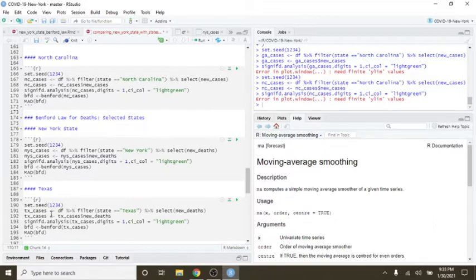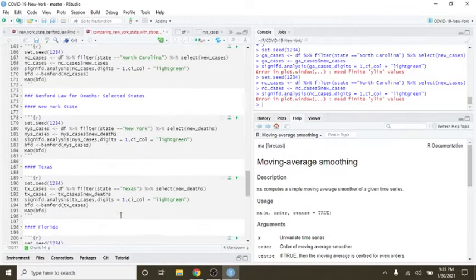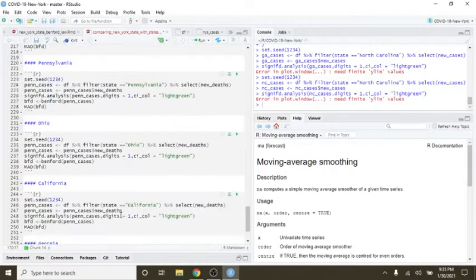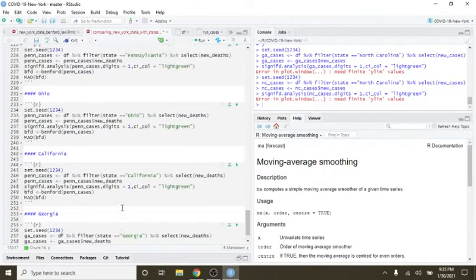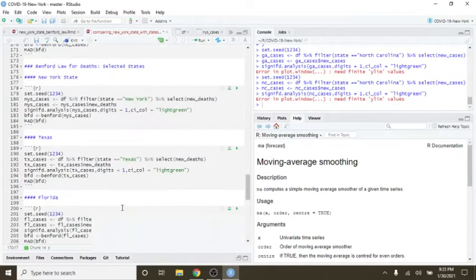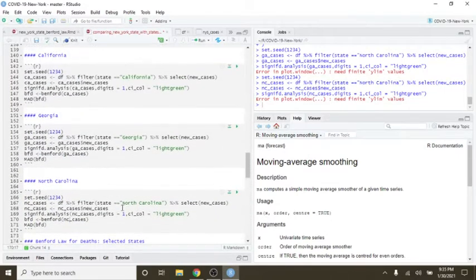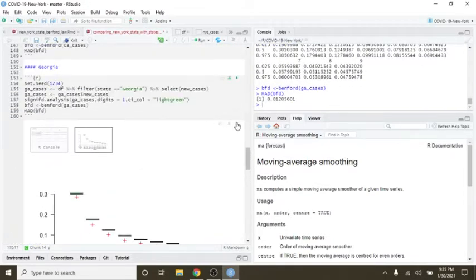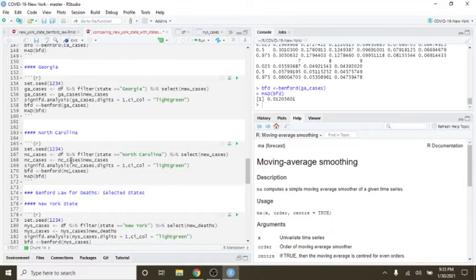What's the difference up here? Yeah, filter. Does this work? That works. So what's the difference up here then?